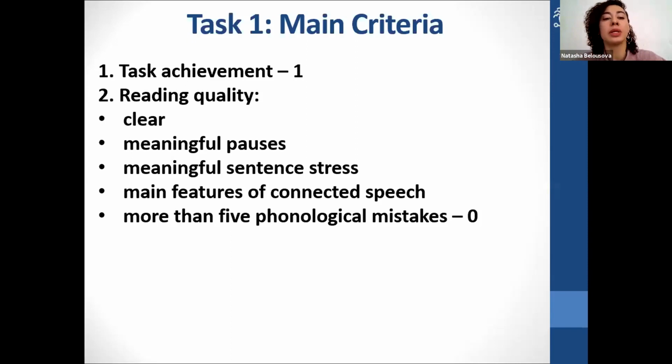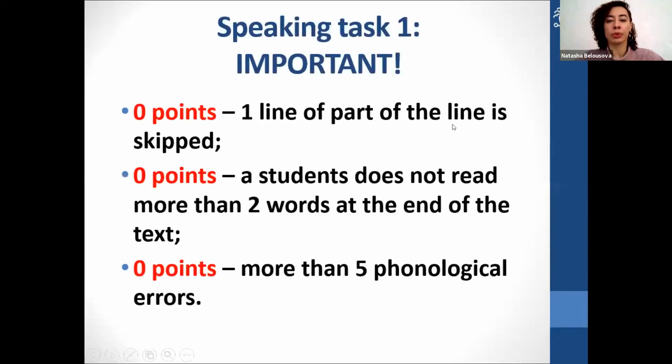In terms of the requirements, there are a couple of other important things that probably you should know if you work with EGE students. The student will get 0 points also if they skip one line or part of the text. Sometimes when the student is trying to follow the text, they just skip a line in the middle.